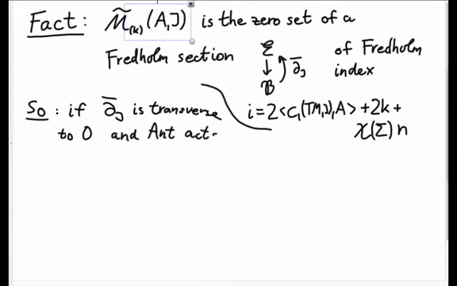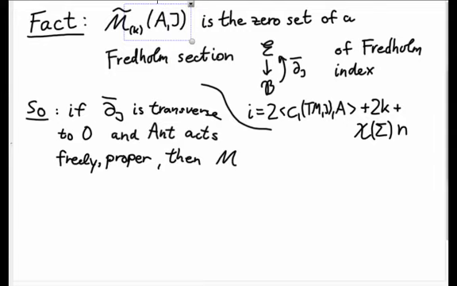So we need a quotient theorem. If that automorphism group acts freely and properly, then at least I get a nice moduli space.